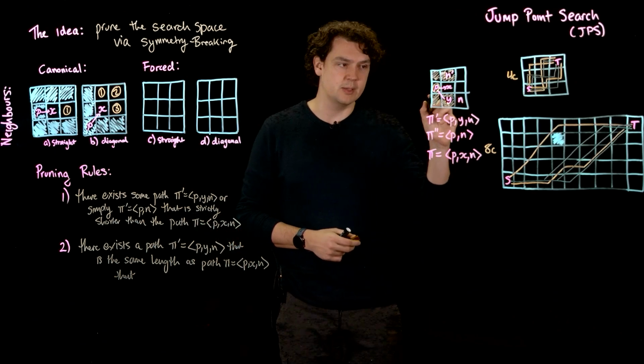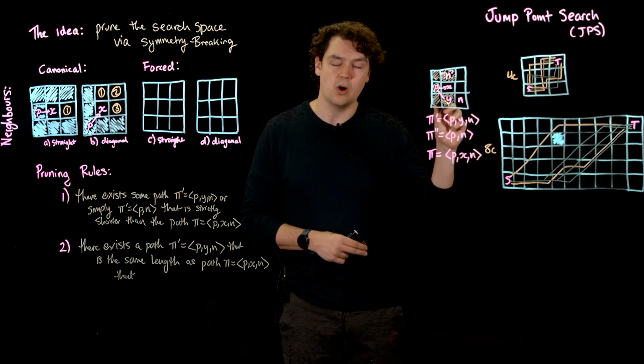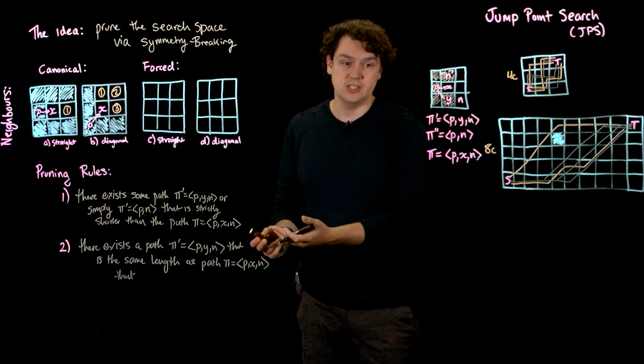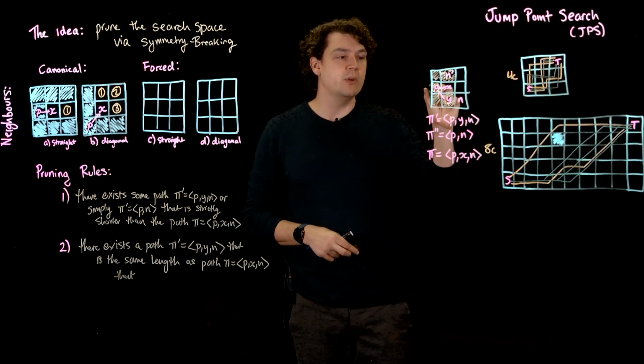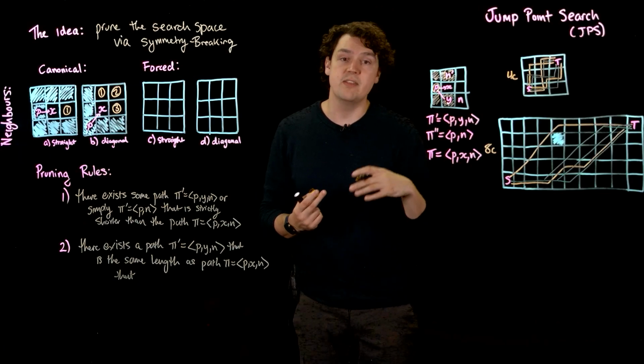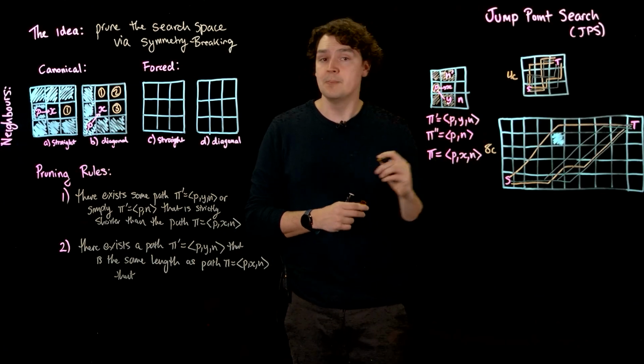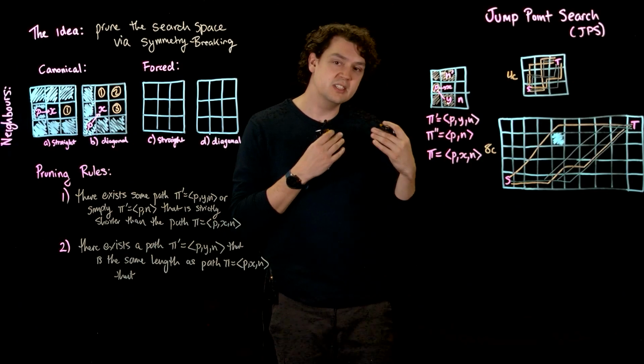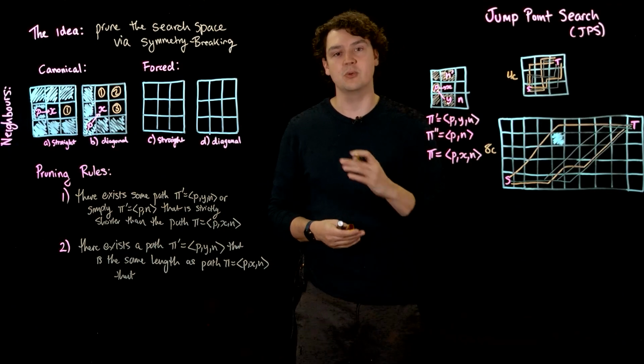If we look at this example over here, from p to y to n, the diagonal move is taken first in the path, right? When we go from p to x, that's a straight move, and then we're taking the diagonal move later. Well, we're saying no, we are always going to enforce the diagonal first in this situation.